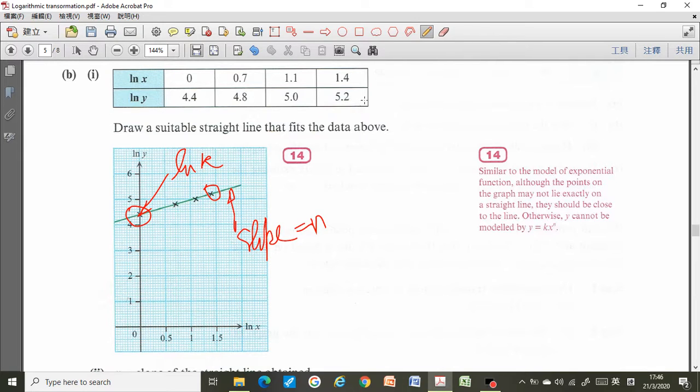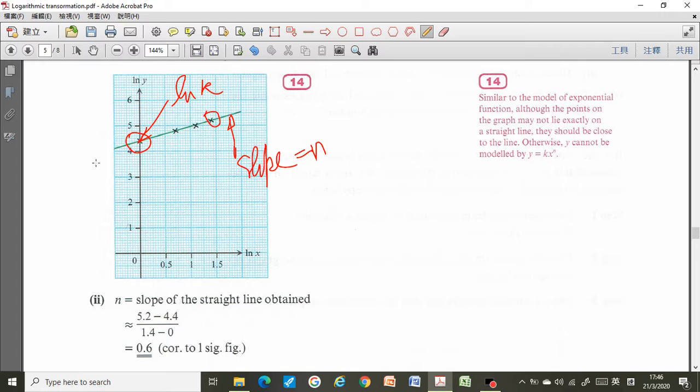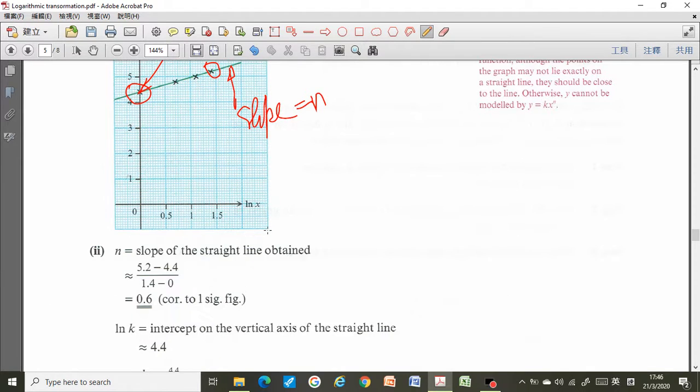That is y2 minus y1 divided by x2 minus x1. So I get 0.6. You see the straight line is going upward, so this is a positive slope. That is n equals 0.6. N is directly calculated as 0.6, so you need not make the transformation to get your answer of n.